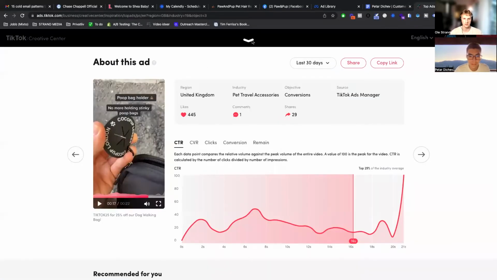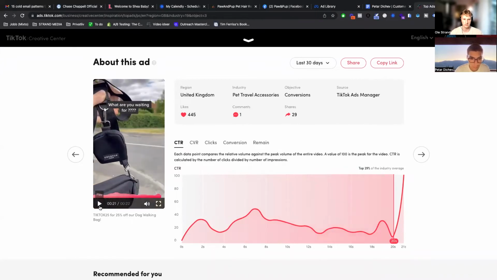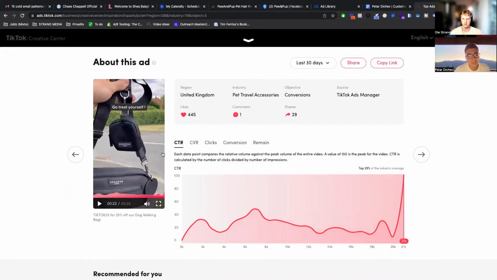Okay, so this is good. Let's see if we can find what's their call to action in the end. What are you waiting for? And now there's the call to action. Probably this one, what are you waiting for, the headline of the Facebook ad?